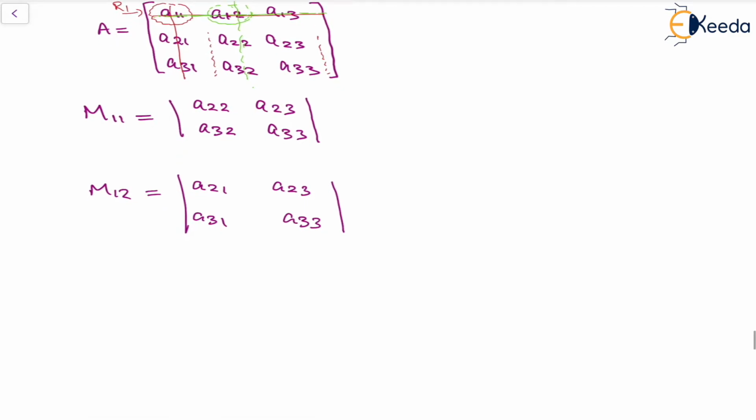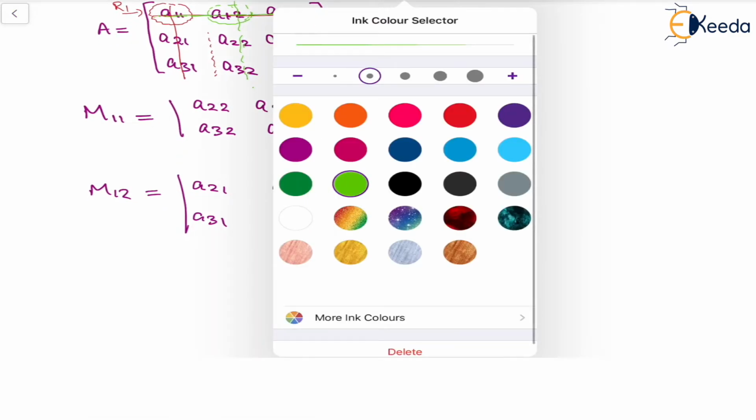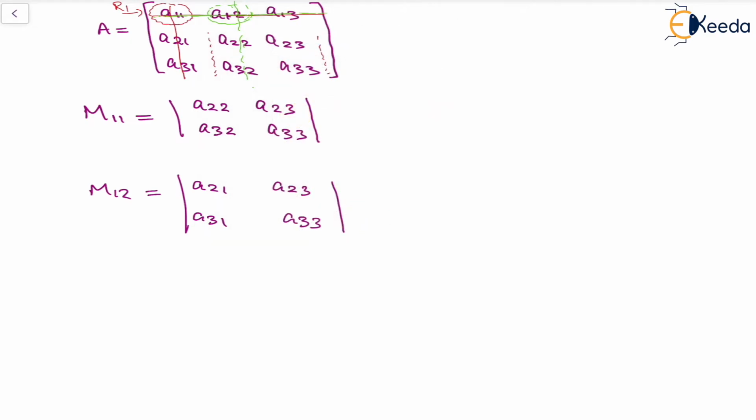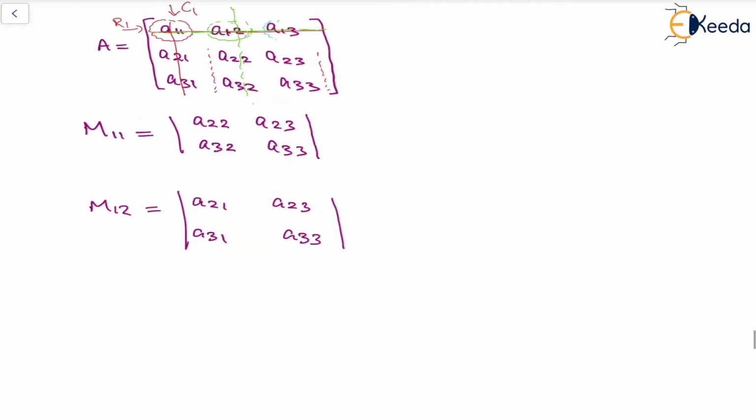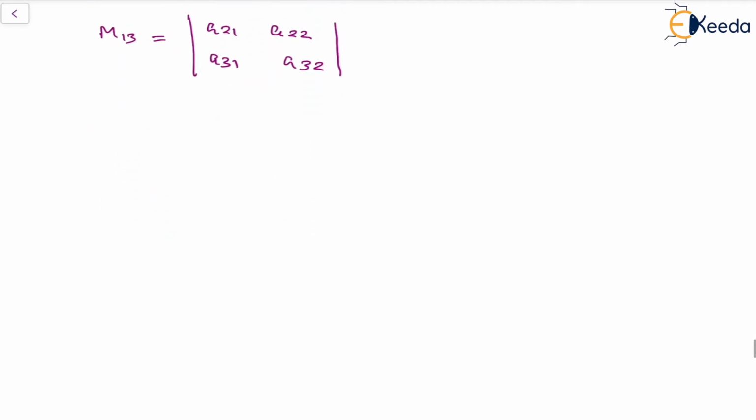Similarly, trying to find it for, let's say, A13, we will be eliminating row 1 and column 3. So it will be M13 equal to the determinant of the elements left, that is A21, A22, A31 and A32. So this was about the minors, and now we will see how we can find the cofactors.